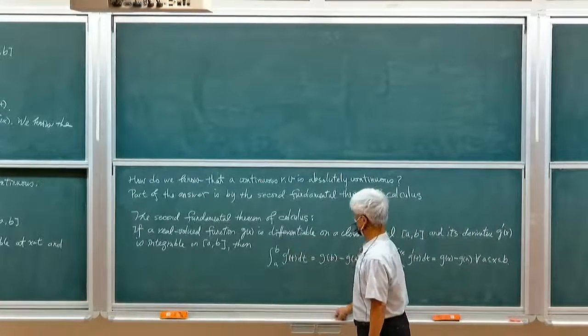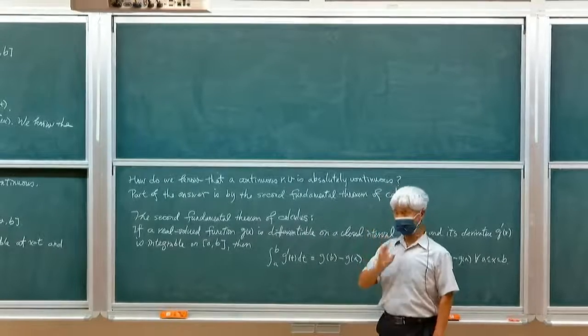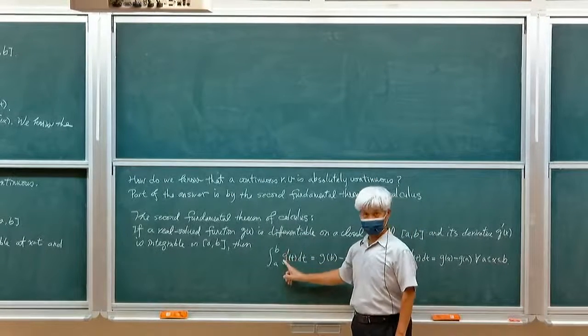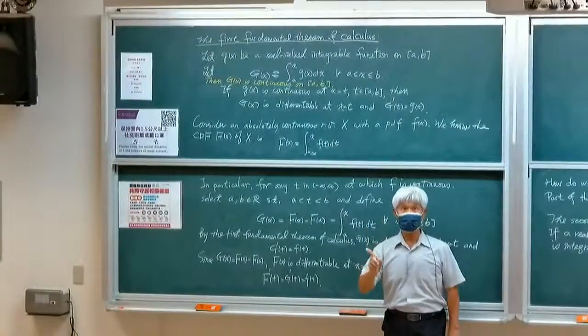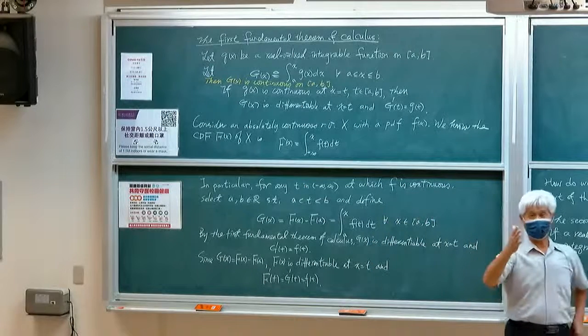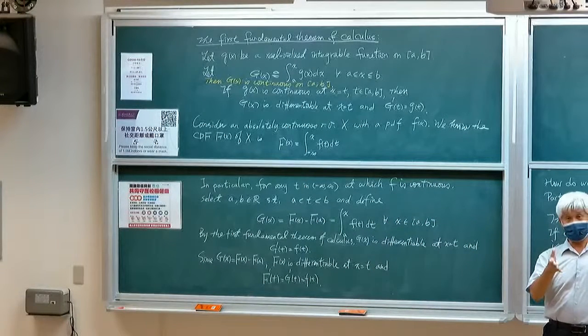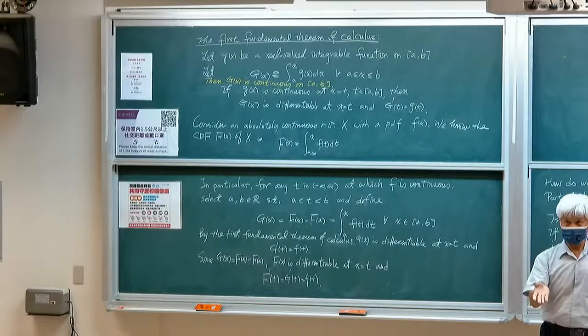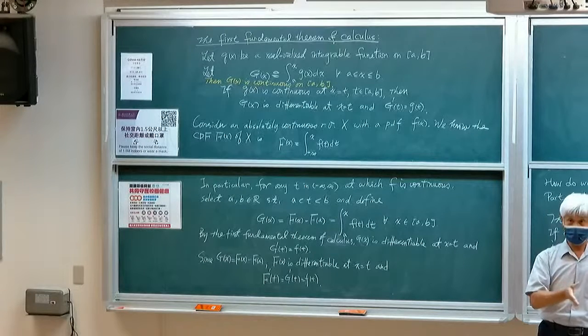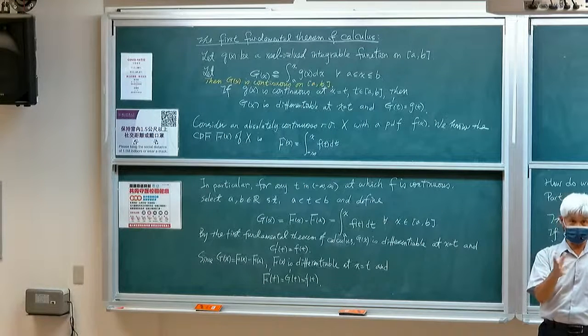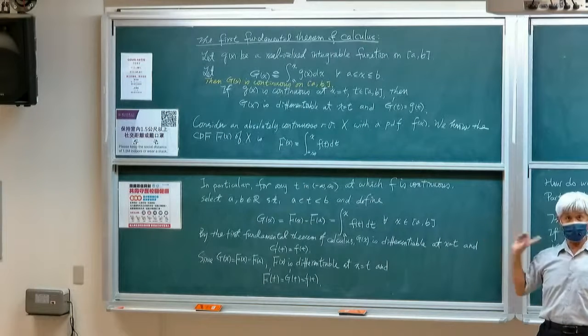So the second fundamental theorem of calculus says that you integrate a derivative. In the first fundamental theorem, you differentiate an integral. In calculus you have two kinds of operations: differentiation and integration. You can do the integration first and then the differentiation, or the differentiation first and then the integration later. What is the connection between these two operations? The answer is in these two fundamental theorems.